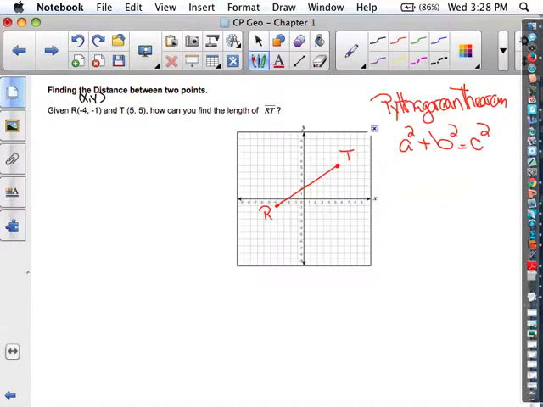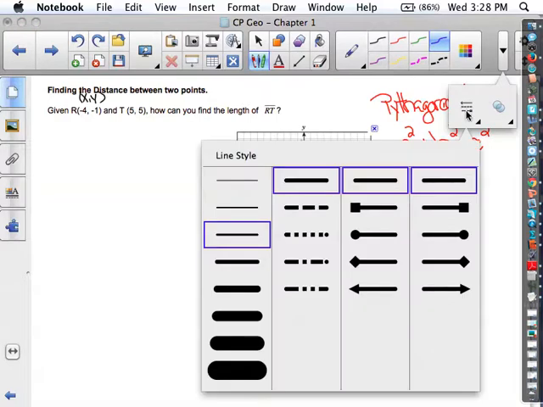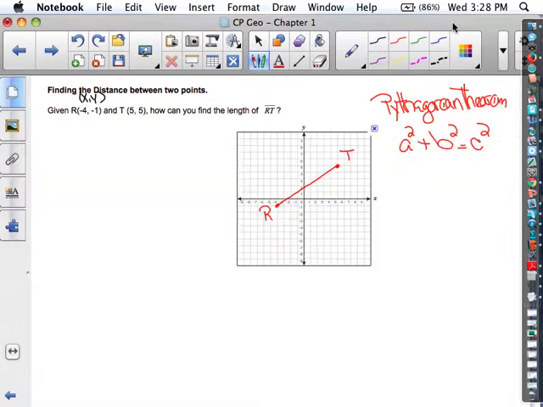We're going to look at how we can use the Pythagorean theorem and then look at how it relates directly to the distance formula. If I draw a right triangle here, just adding those lines, this horizontal distance would be A, the vertical distance would be B, and that diagonal RT would be C.